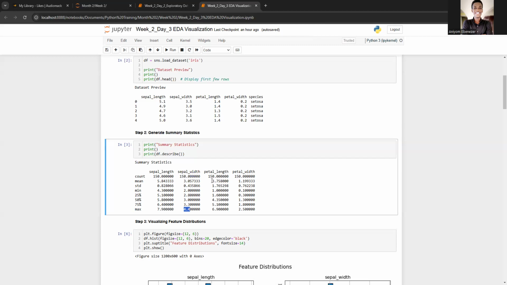The same thing is applicable to this one, from 3.7 down to 6.90. So what I'm expecting from here is that the data is within the range of 1.0 being our minimum value, down to 6.9 actually, right?